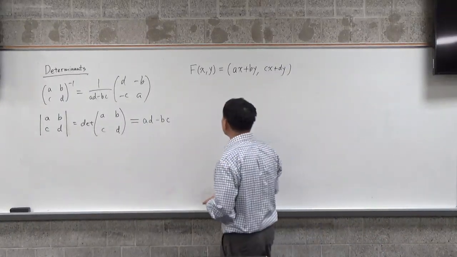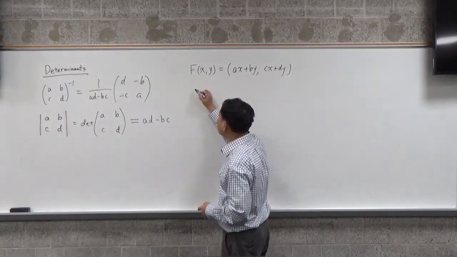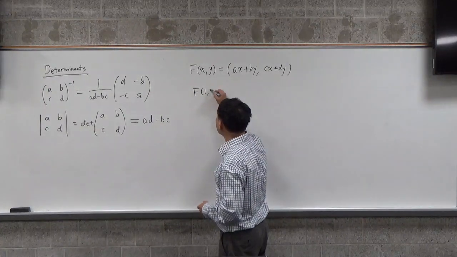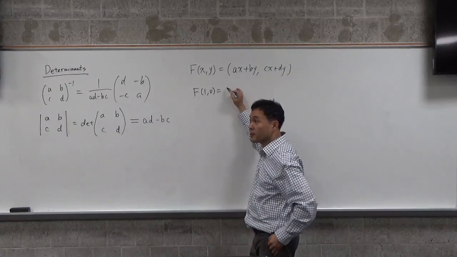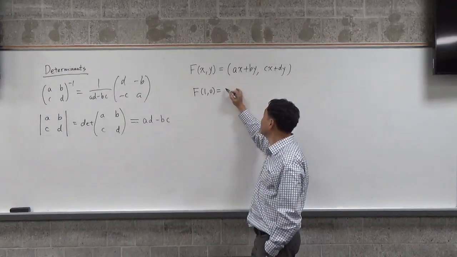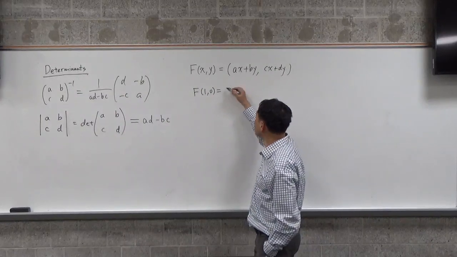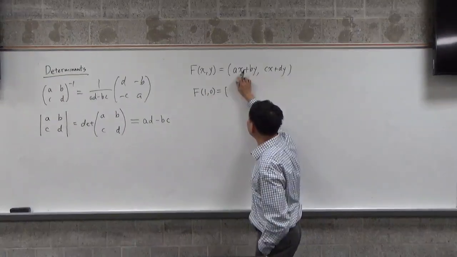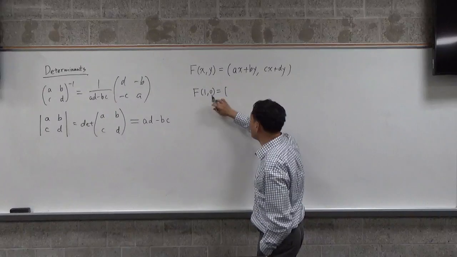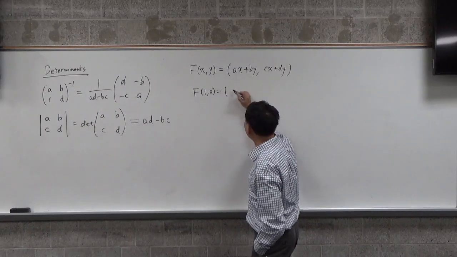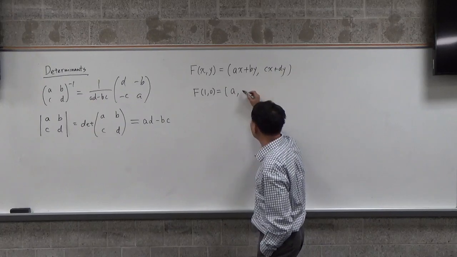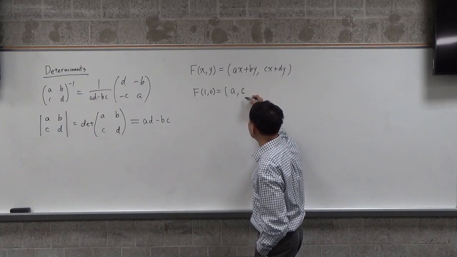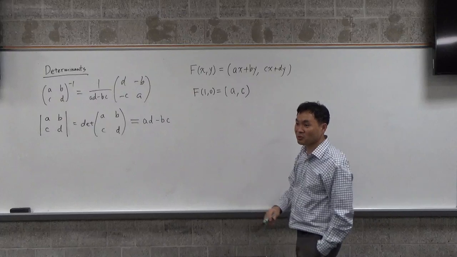And then let's think about the image of the point 1, 0. What's the image of 1, 0? It's on the x-axis, so x is 1 and y is 0. So what do you get? A times 1 plus 0, and then C. Yeah, AC.